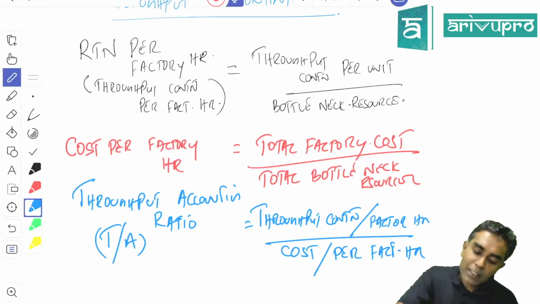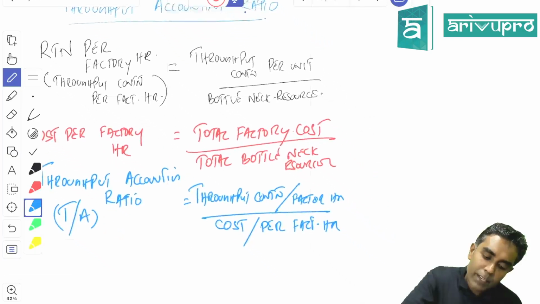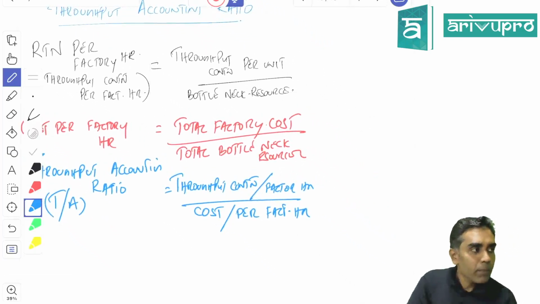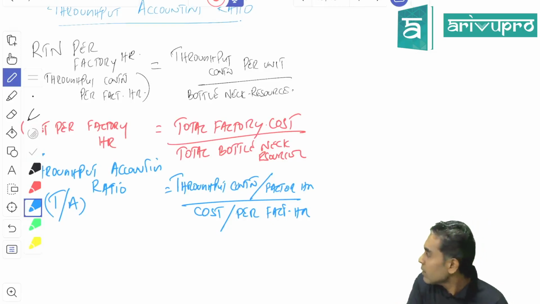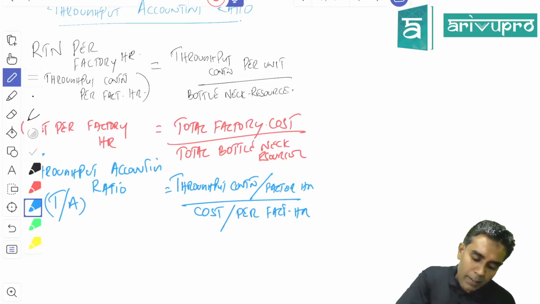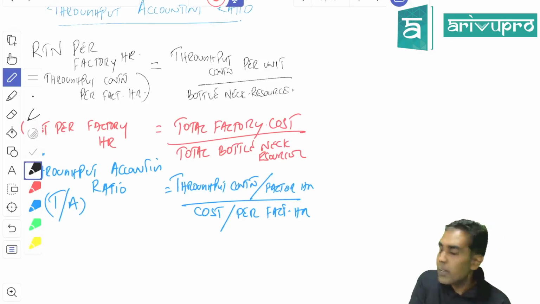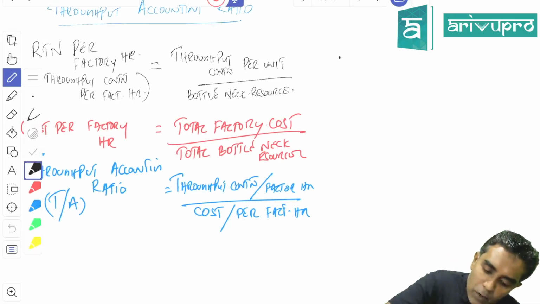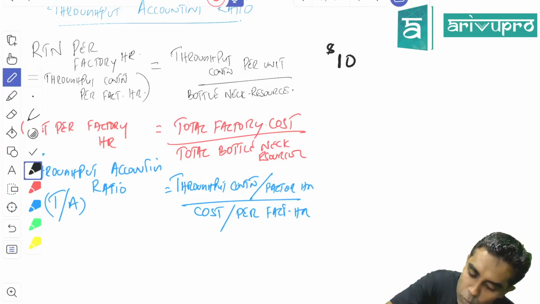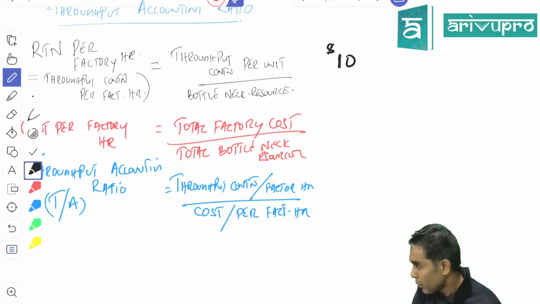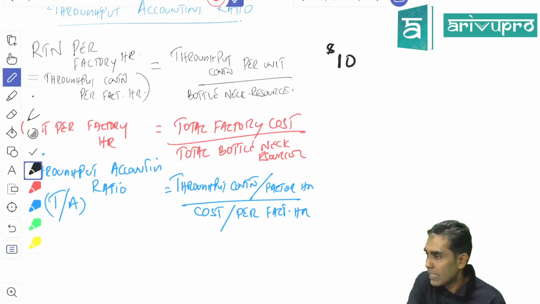Now let's discuss this part in a bit more detail. This ratio, the formula. Let's say throughput contribution is $10. We'll be doing the question; I'm just putting some fictitious numbers for the time being.